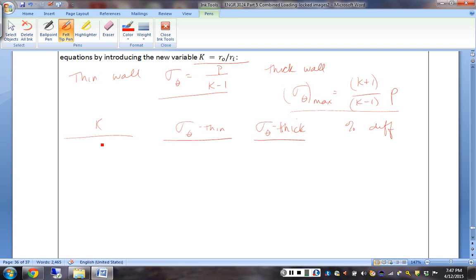And K is the outer radius over the inner radius.